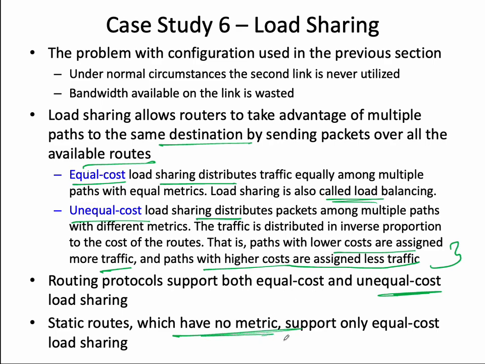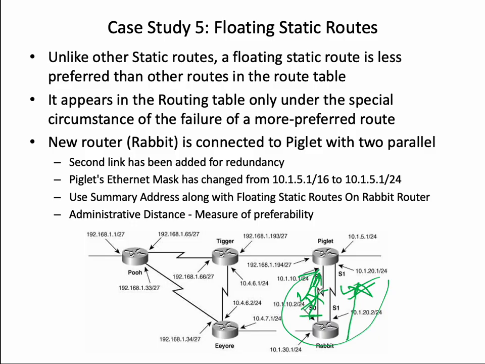Static routes, which have no metric, support only equal cost load sharing. Again, static routes support only equal cost load sharing, and dynamic protocols support both equal cost and unequal cost. So basically, equal cost means here Rabbit wants to send 10 packets to Piglet.